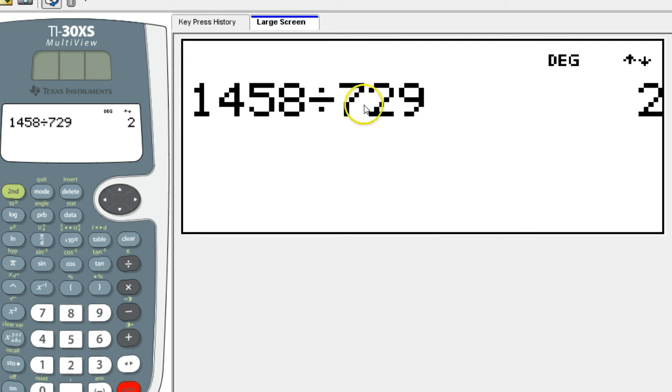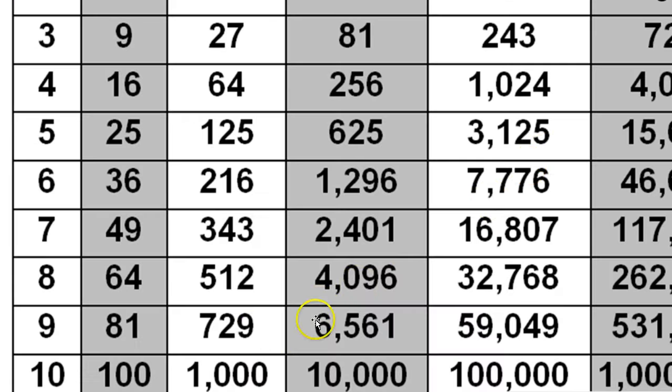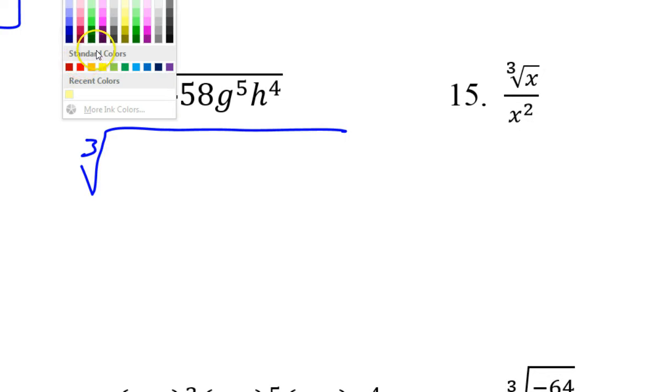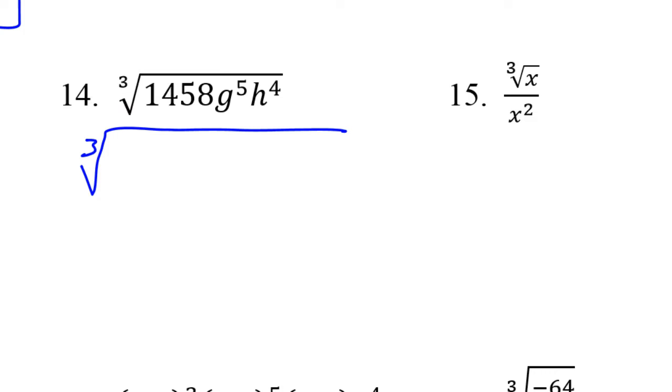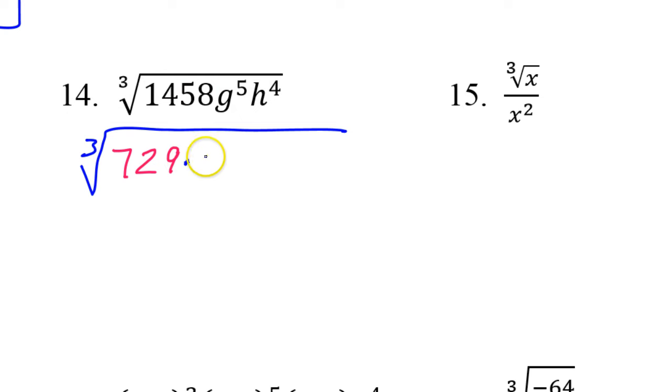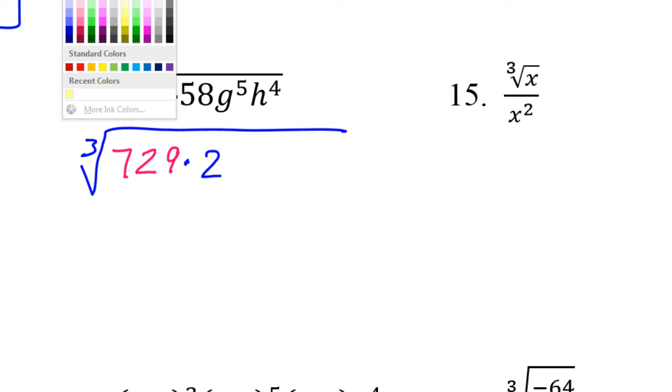Okay, so that's what we're going to use. So we're going to use 729 and 2, since 729 is on the chart. Everything that can be reduced, I'm going to write in pink. So I've got 729 times 2. Now, g to the 5th power. I need something that is divisible by 3.